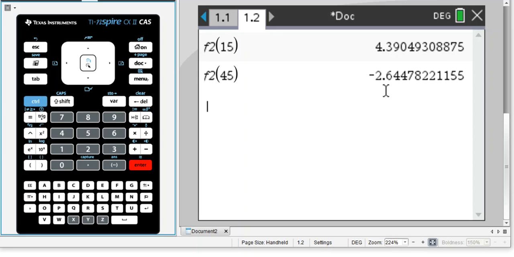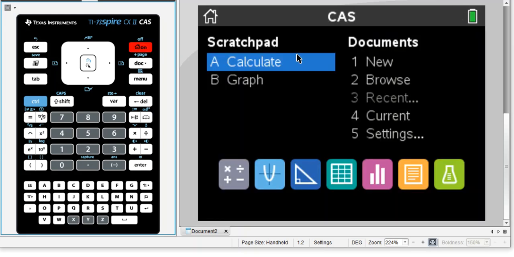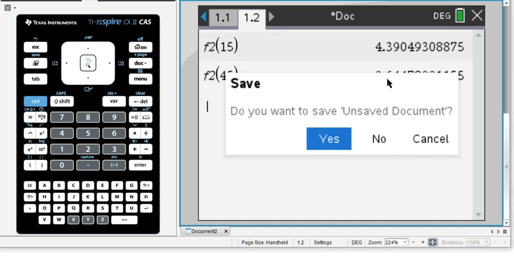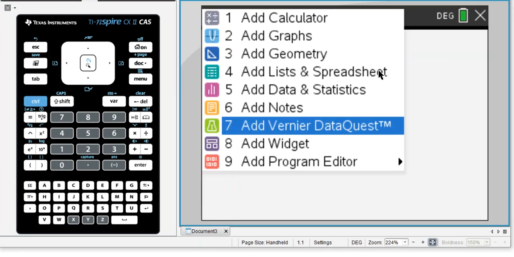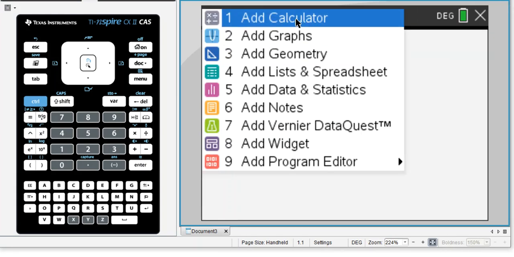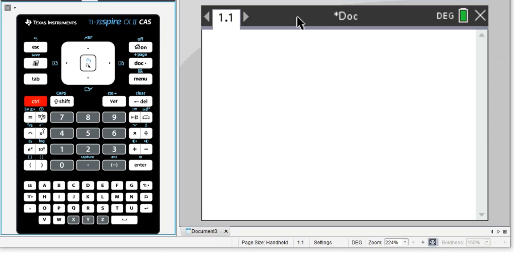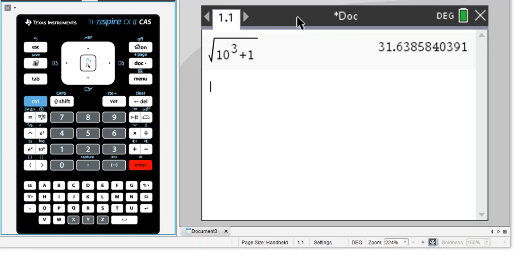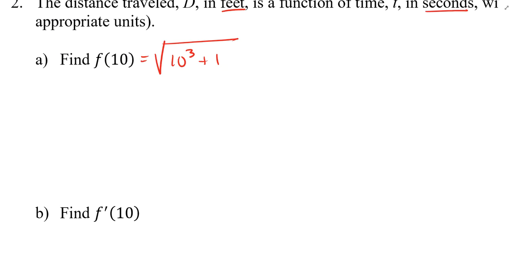So on our calculator page, I'll probably go to the home screen and just create a new document, and I won't bother saving this one because we're done with the last example. But on the calculator page, we'll take the square root of 10 cubed plus 1. We've got 31.6386.